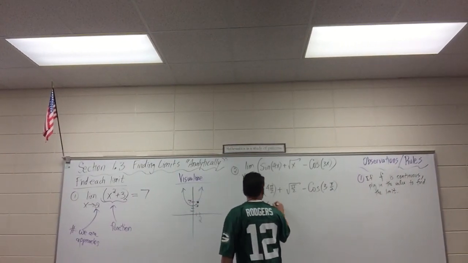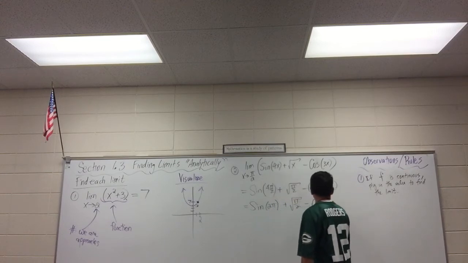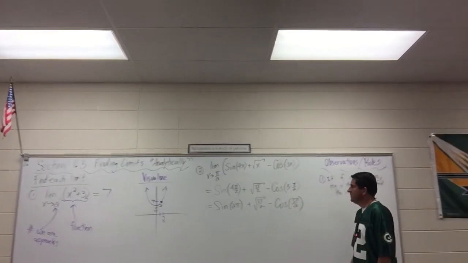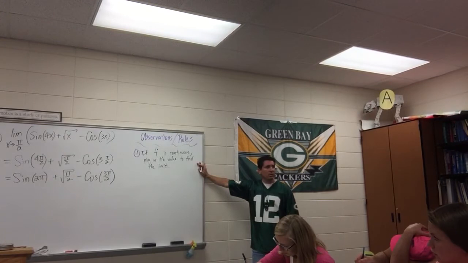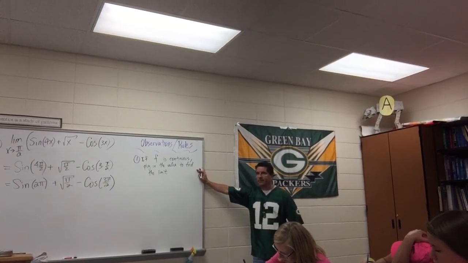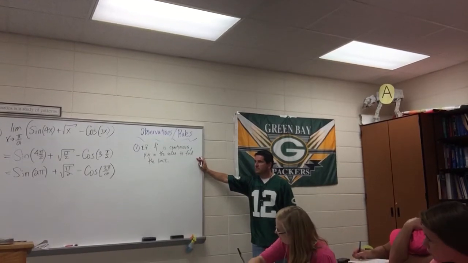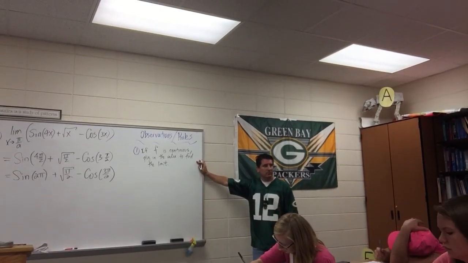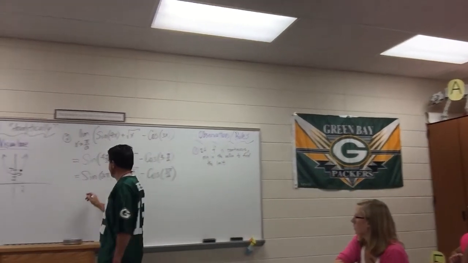This is the sine of 2 pi plus the square root of pi over 2 minus the cosine of 3 pi over 2. We're trusting this rule. If the function is completely continuous, bam, plug it in, because the limit will always equal the functional value. Always.